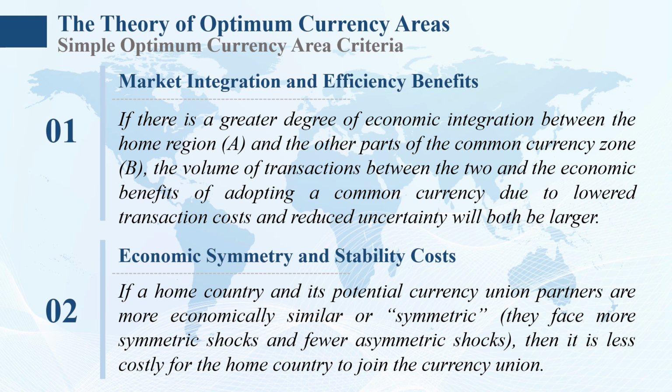Hence, the similarity criterion we used to discriminate between fixed and floating regions can be applied to the case of an OCA. If a home country and its potential currency union partners are more economically similar or symmetrical, then it is less costly for the home country to join the currency union.